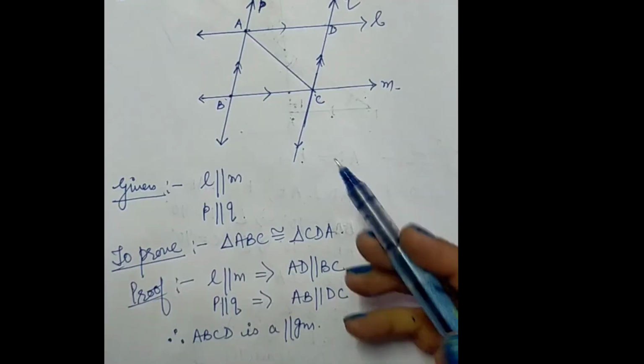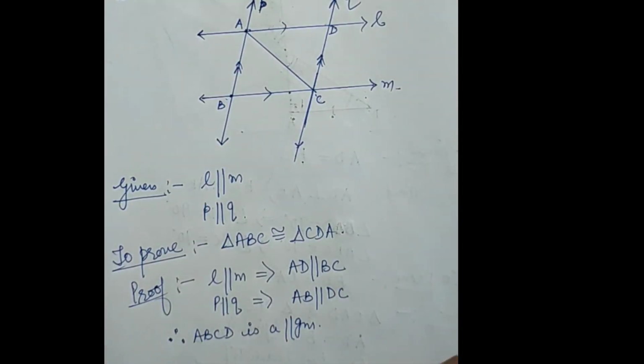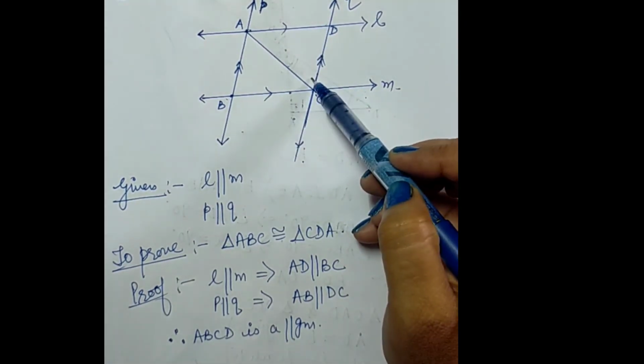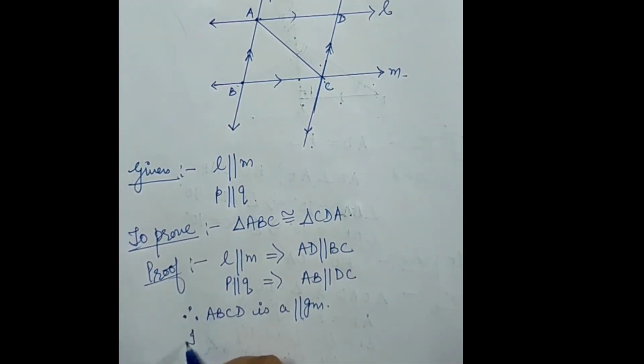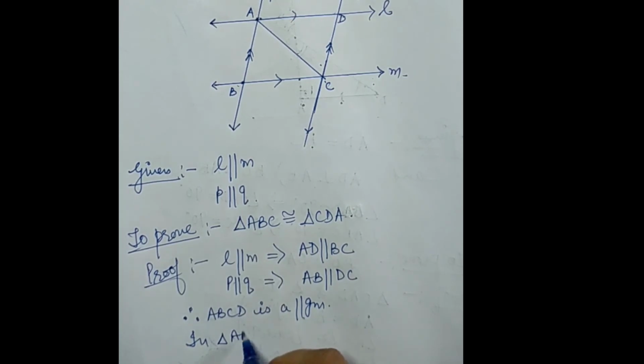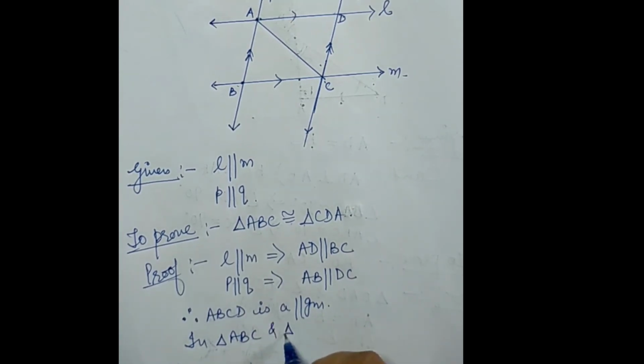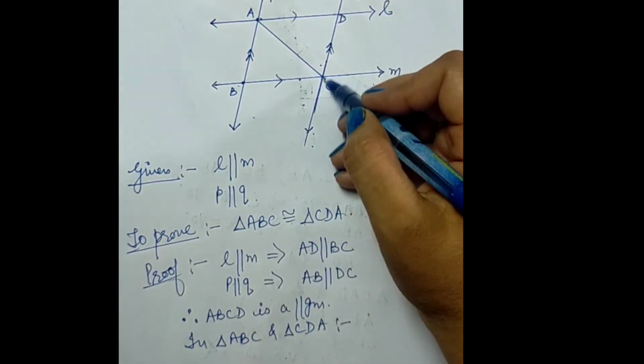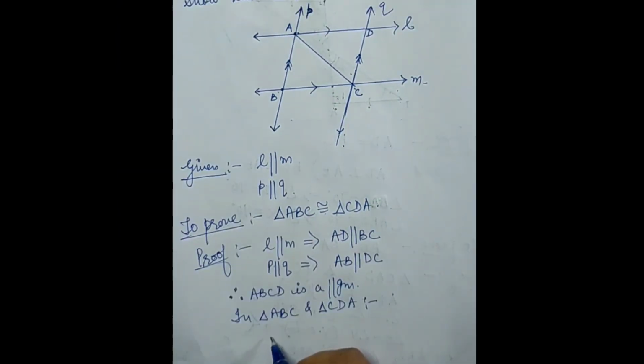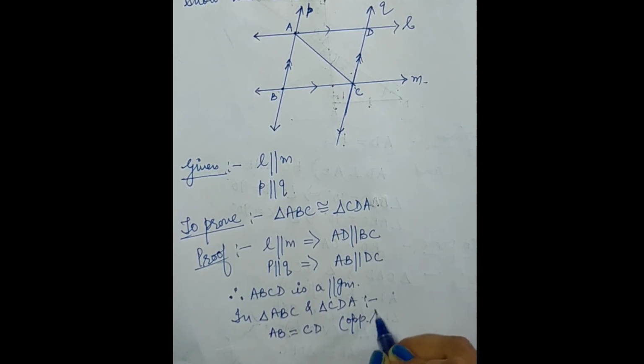Now using the properties of parallelogram, you can use any of the congruencies. So in triangle ABC and triangle CDA, AB is equal to CD, opposite sides of a parallelogram.